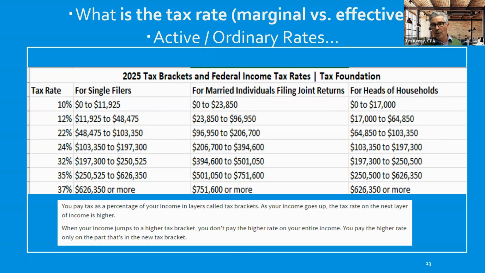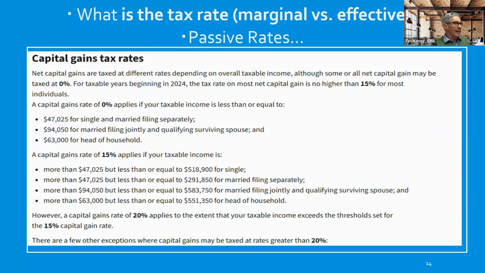These are the rates for active income. If you remember back to that slide of types of income, these would be relevant for active income. This is income that shows up on a W-2, interest, and then this is a slide on capital gain tax rates, and these are relevant for passive income. These are your passive rates on selling.